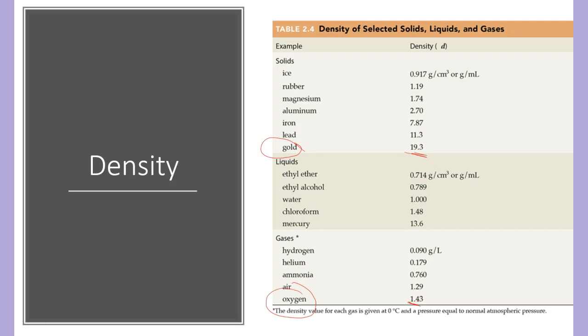If you said oxygen, you are correct. Okay, so when we talk about comparing density values, we have to look at the numbers that are given, and those numbers are calculated according to their mass and their volume.